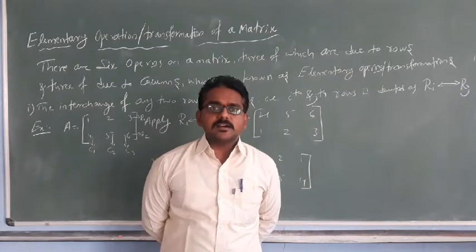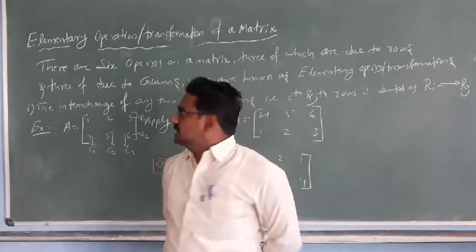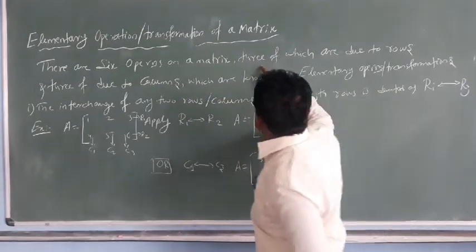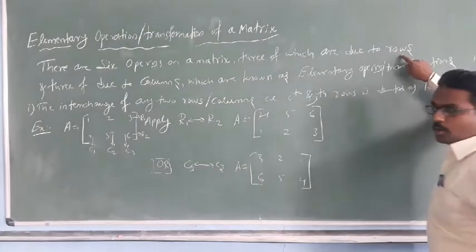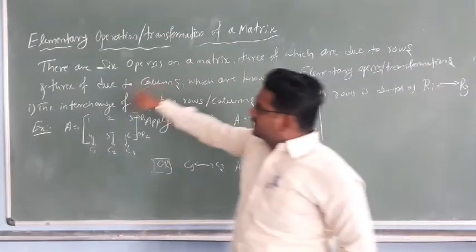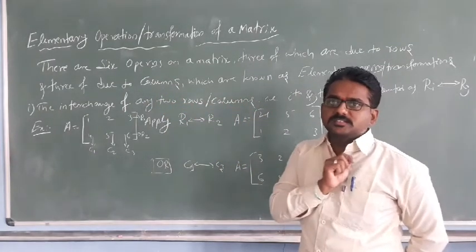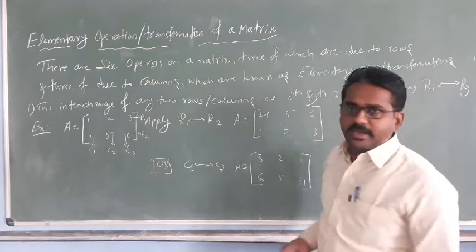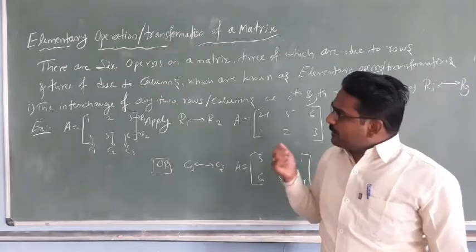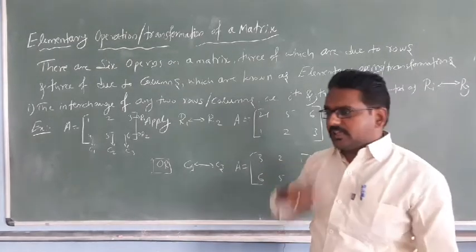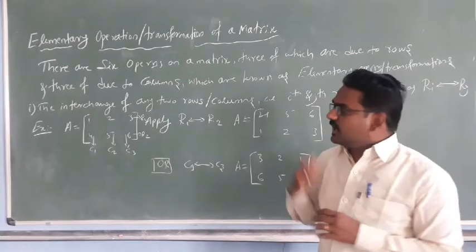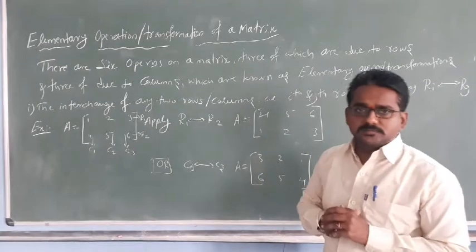Among the 6 transformations, three are due to rows and the remaining three are due to columns.